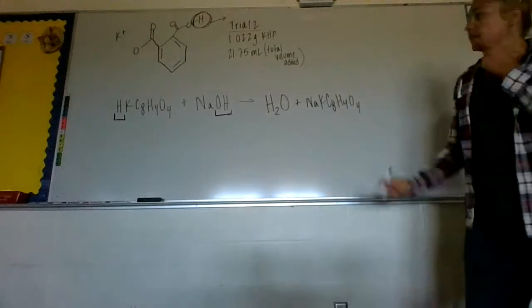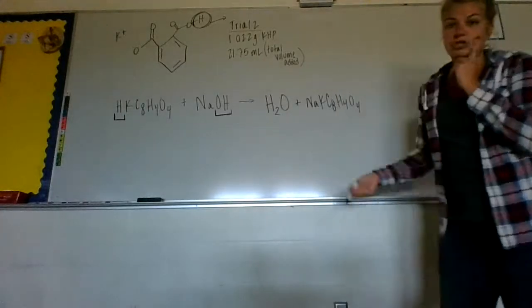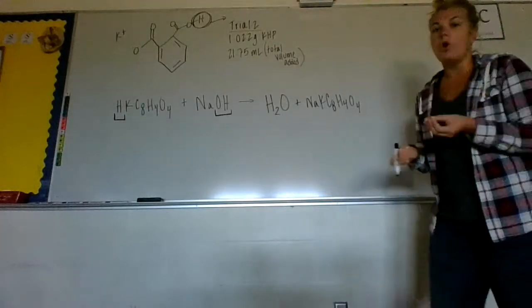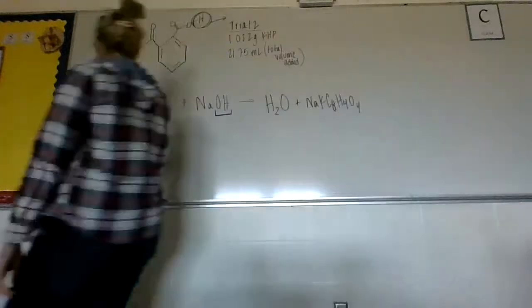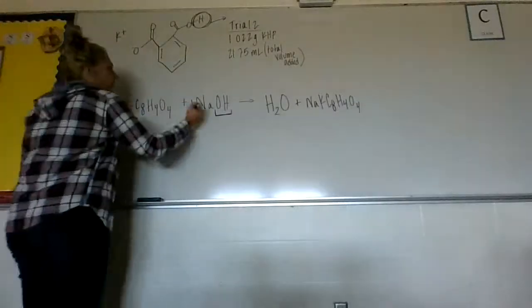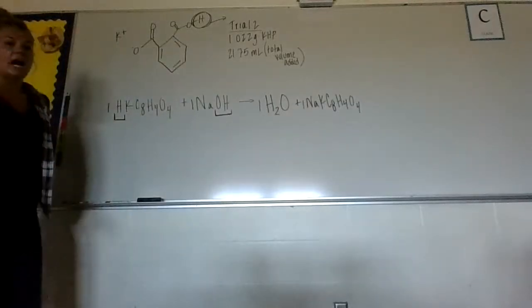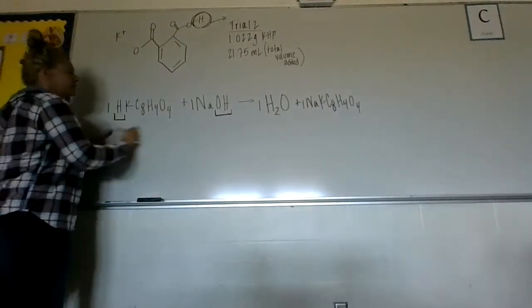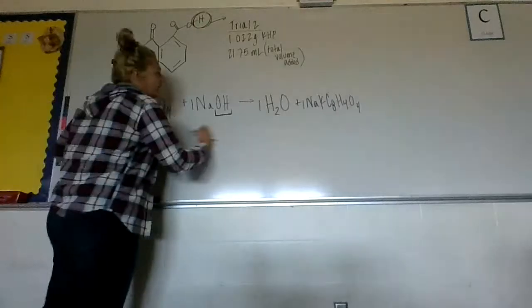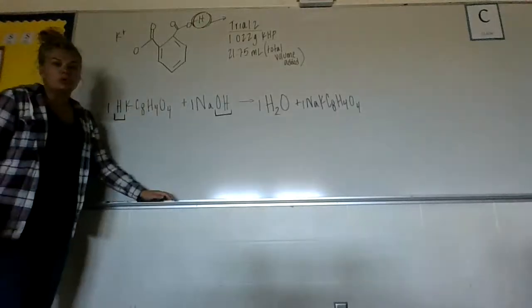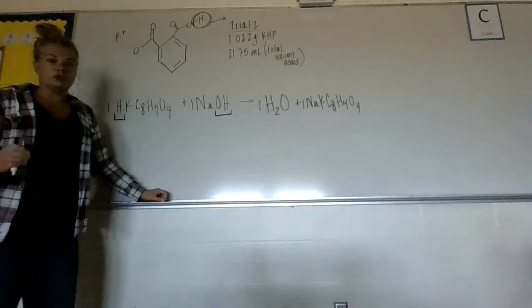Now, this is a balanced chemical reaction, which means everybody has a 1 mole coefficient. So it's just 1, 1, 1, 1. And that's what I need. I need to know the relationship between the acid and the base so I can do a stoichiometric conversion.